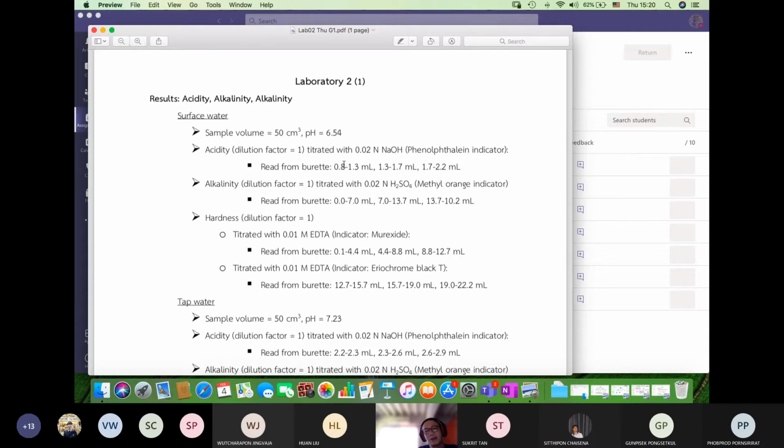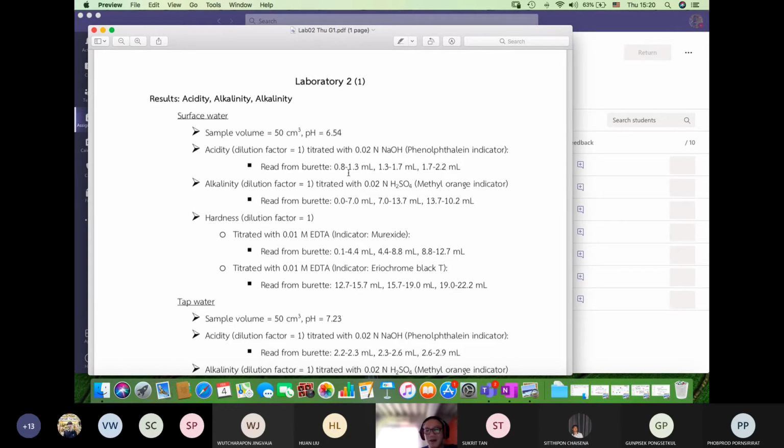Basically we do 3 replicates, and from each replicate you get this raw data, determine the acidity, and finally take the average of these 3 and report it.